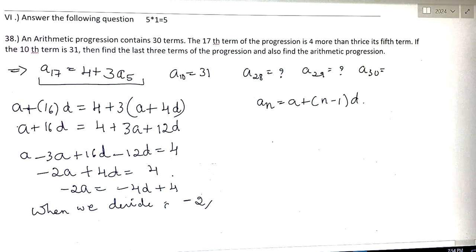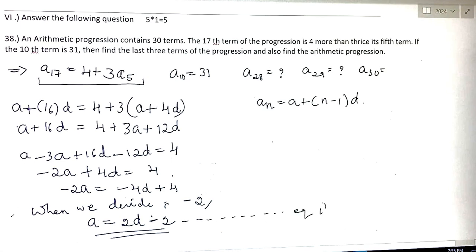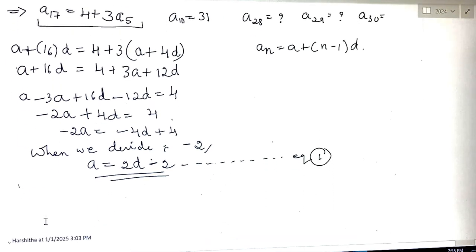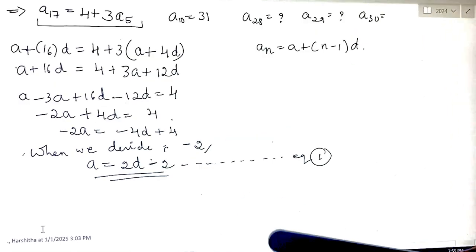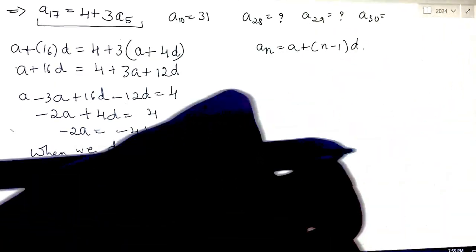So a is equal to 2d minus 2. Two 2s are 4, two 2s are 4d. So the a value is nothing but 2d minus 2. We need to write this as equation 1.